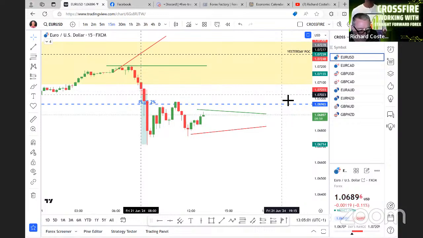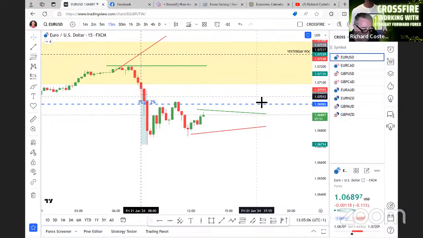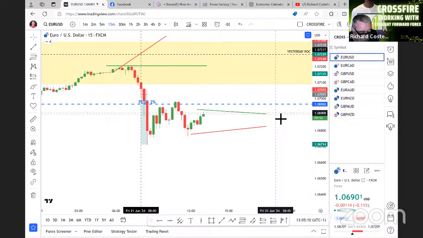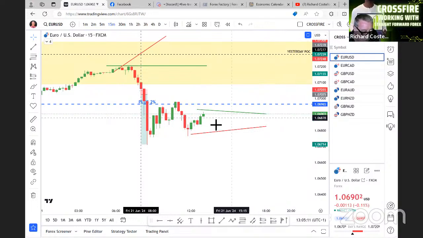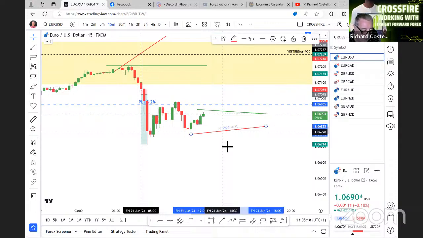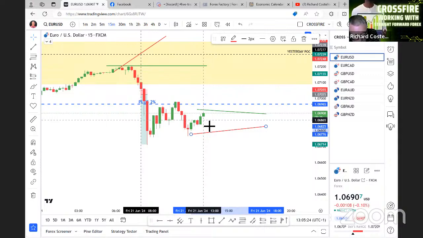So basically, Crossfire, fairly simple strategy. We start on the 15-minute chart and we draw two trend lines. I draw a green trend line above where price is currently. I draw a red trend line below where price is currently, and we wait until this 1 o'clock candle closes at 1:15.